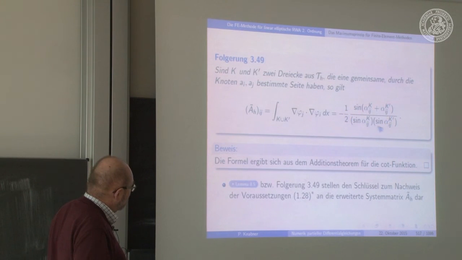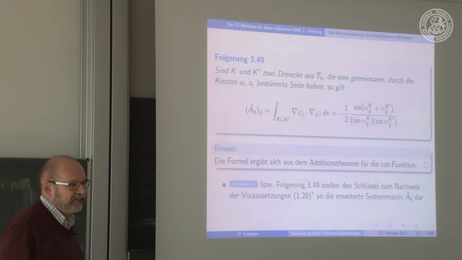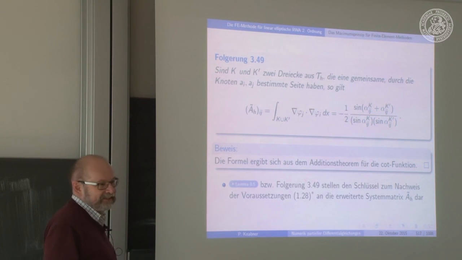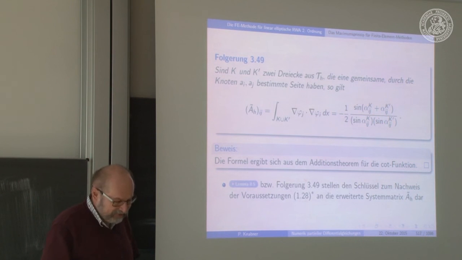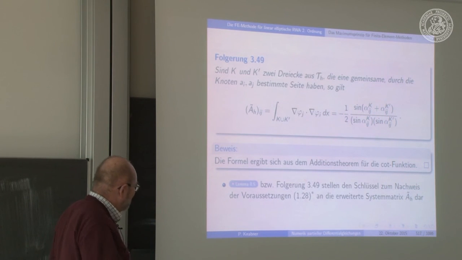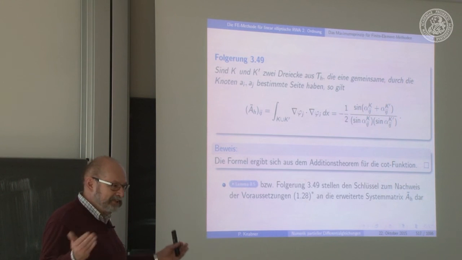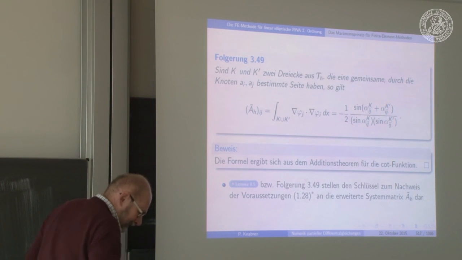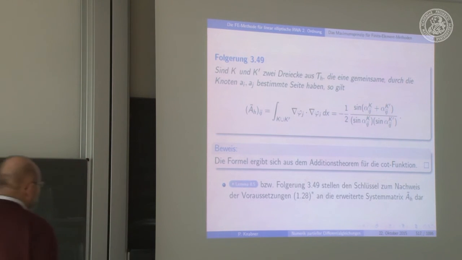There's no miracle with this formula. It's as easy as the 1 million question in Wer wird Millionär. You have cosine over sine plus cosine over sine, and you bring it to one fraction.